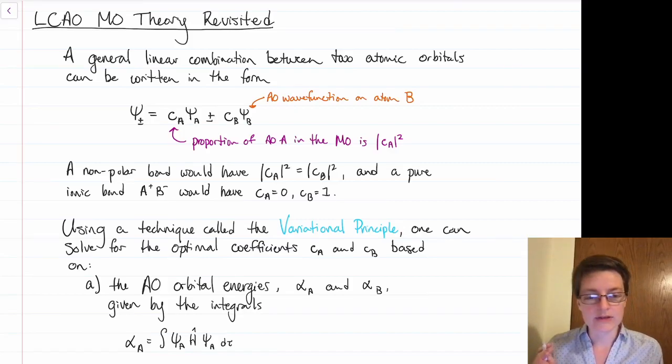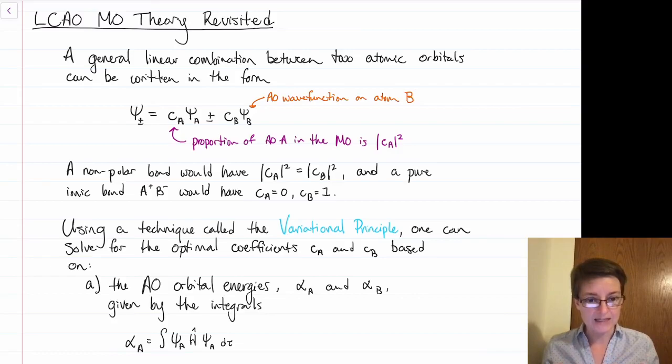So this is LCAO MO theory. We said way at the beginning of our discussion that a molecular orbital is a linear combination of the wave function on atom A and the wave function on atom B. For homonuclear diatomics, we restricted our discussion to saying that the coefficients in front of the wave function for atom A and the wave function for atom B should be the same because there was no difference between the two atoms.